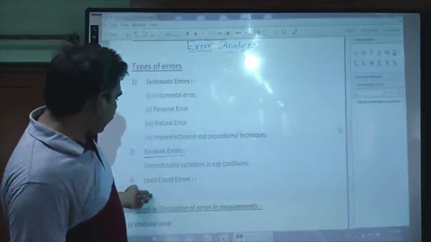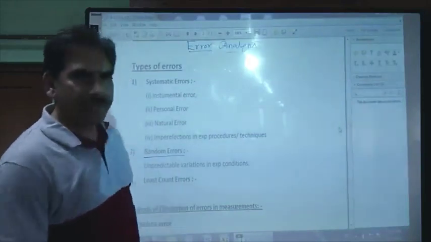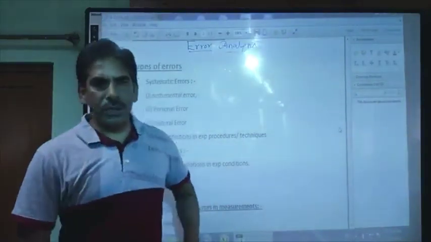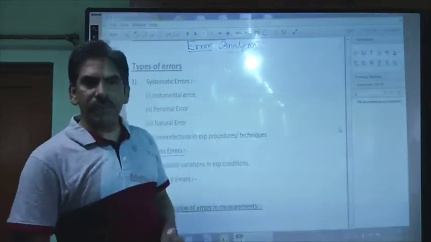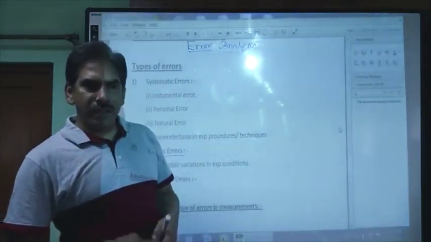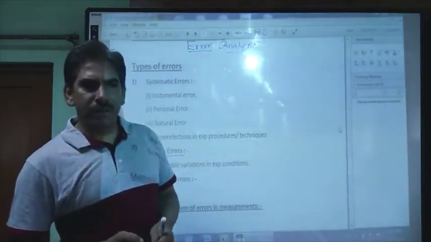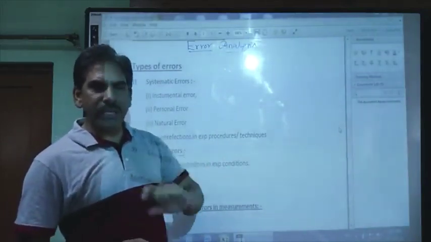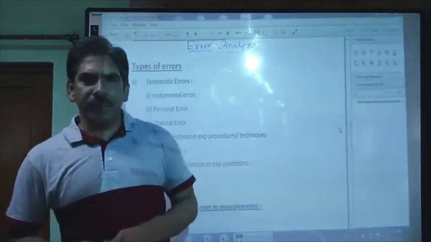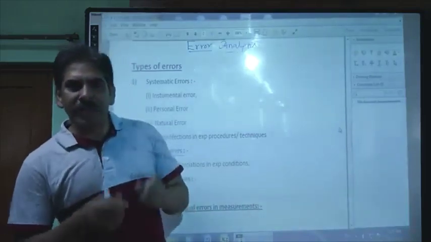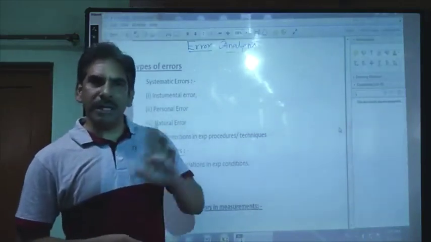Third type of error is the least count error. The instrument which we use to measure a physical quantity also has some minimum value which it can measure accurately. Let me give an example of a simple scale. The minimum value it can measure is 1 millimeter.